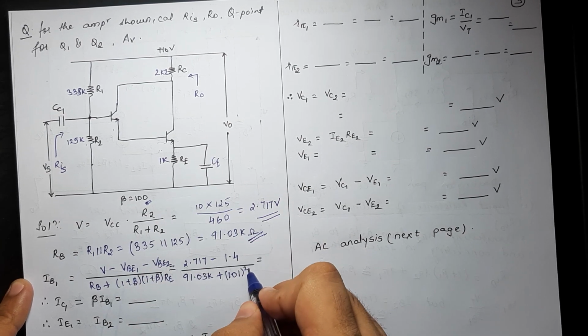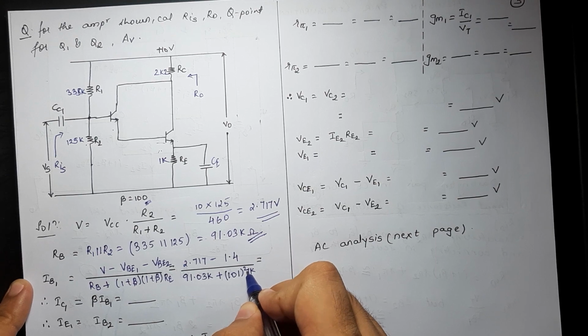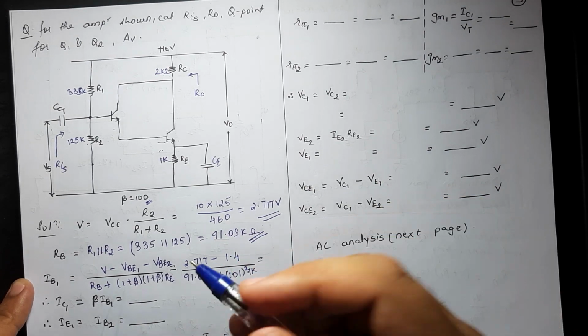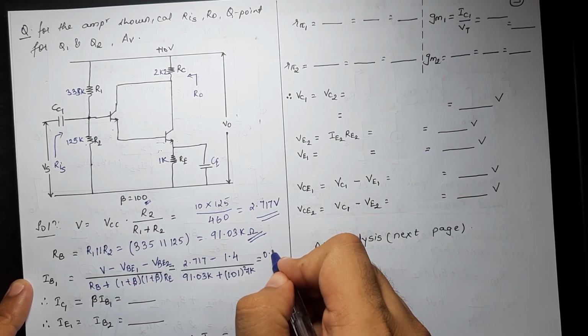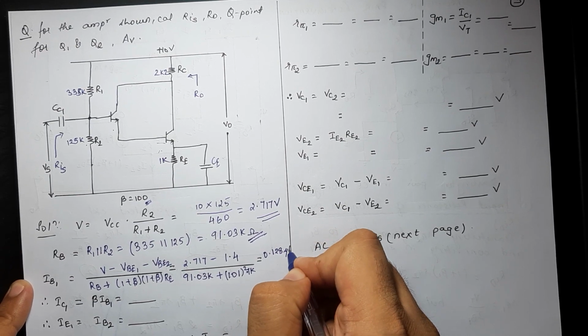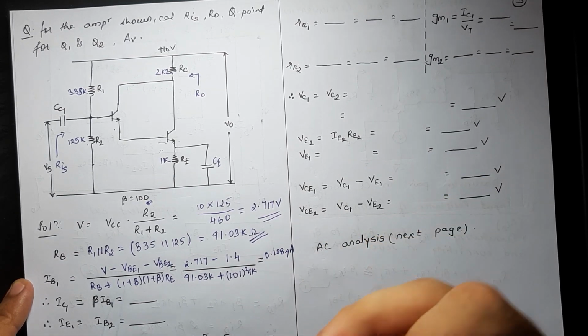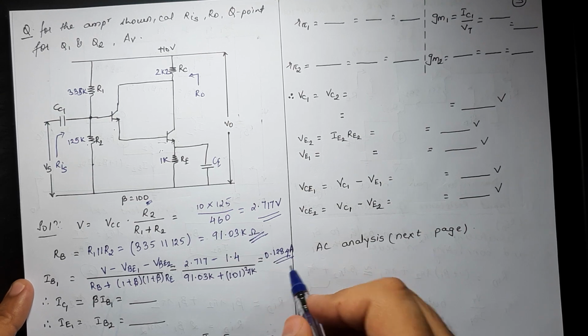RE is nothing but 1K. The value which I have received, please do verify on your calculator, is nothing but 0.128 microamps. Please do verify, 0.128 microamps.